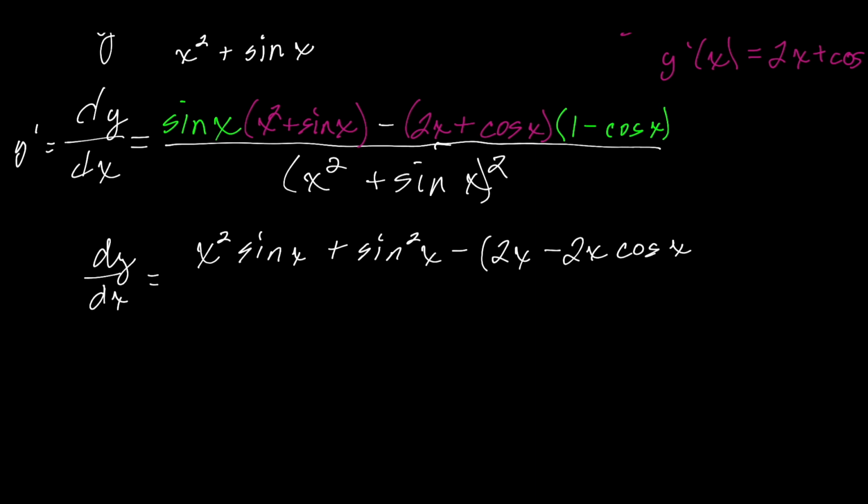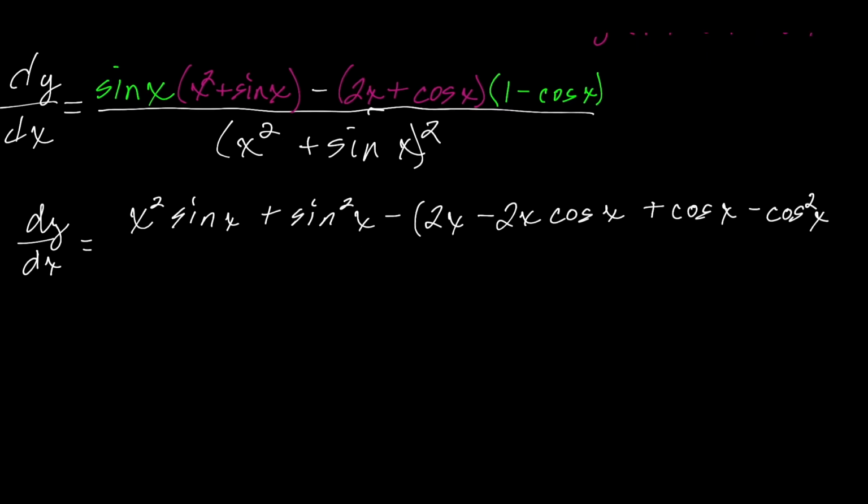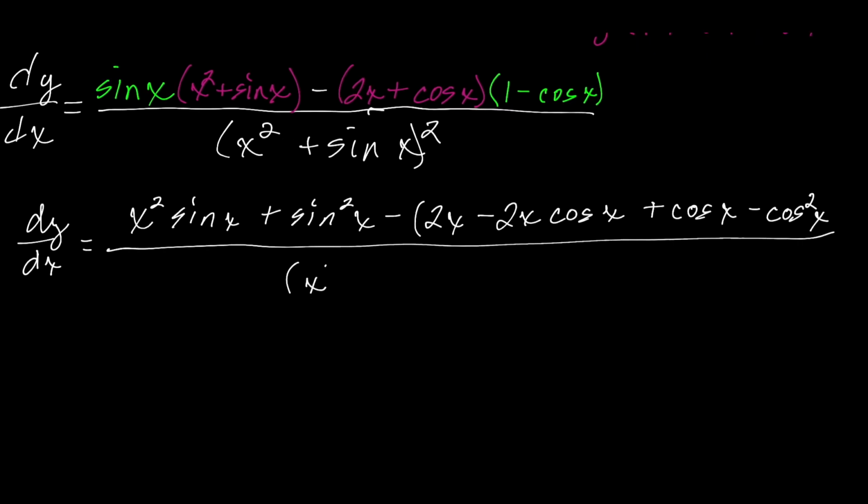That'd be just cosine x. Right? 1 times cosine x. And then last times last is minus cosine squared x. All over, we still have the same denominator here. This is x squared plus sine x, whole quantity squared.